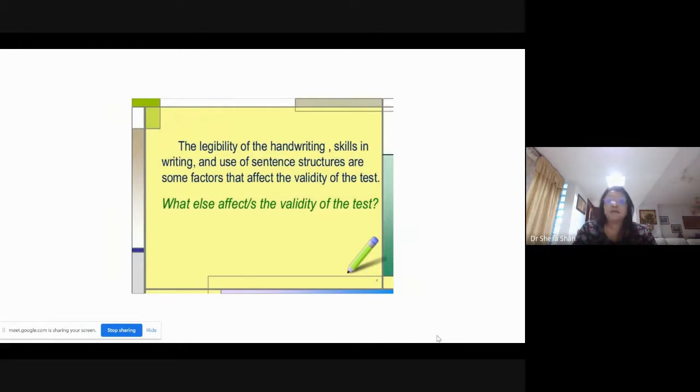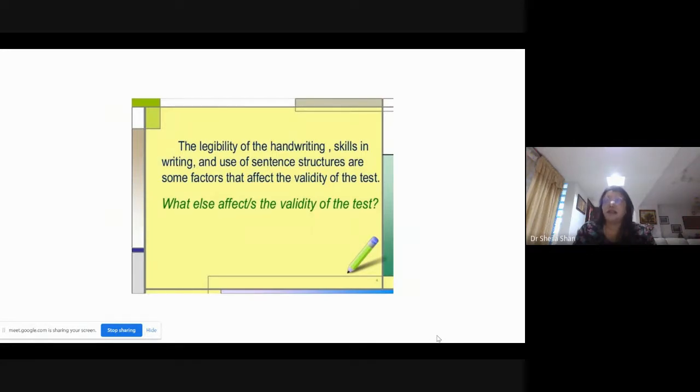The reliability of handwriting, skills in writing, and use of sentence structure are some factors that affect the validity of the test. We have a lot of issues here to see the validity of the test. Right. So when you present your proposal, from there we can see whether your instrument is really measuring your research question, whether it is valid or not.